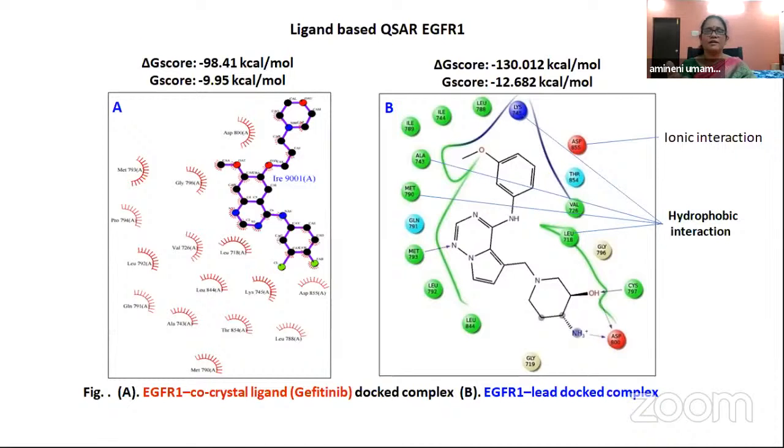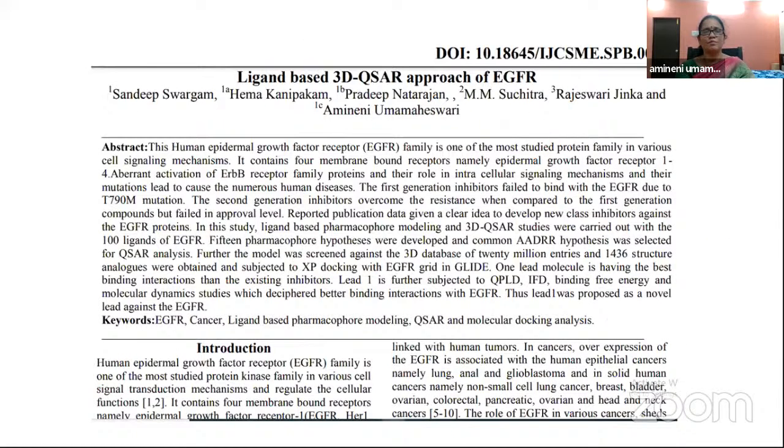We did it for EGFR, and this is the PDB structure and this PDB ligand, gefitinib, which has minus 9.95 kilocalories, but our proposed molecule has minus 12.682. In the free energy calculation also, the reference has around minus 98.4 kilocalories, but our molecule has minus 130 kilocalories per mole. So we proposed this, and this work is also published.